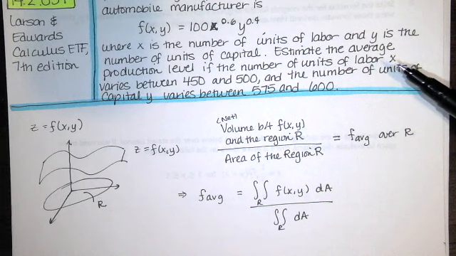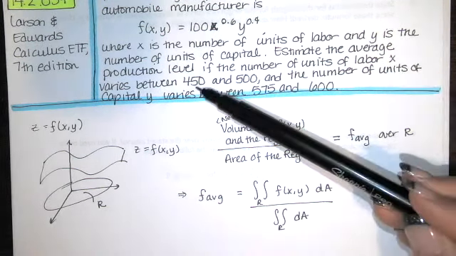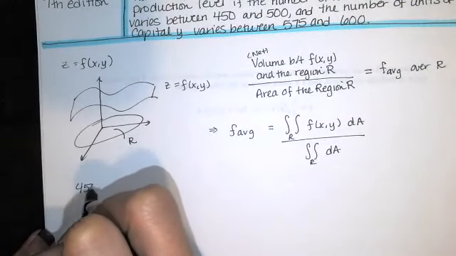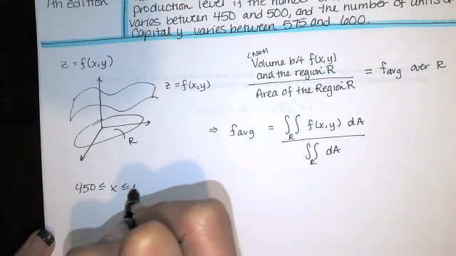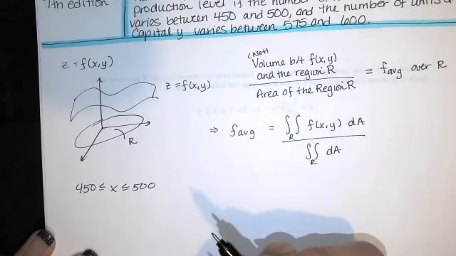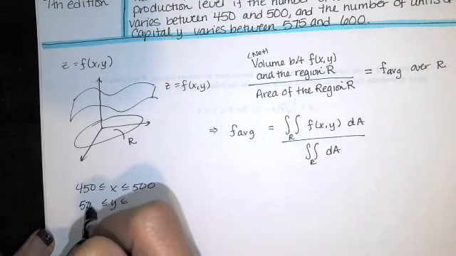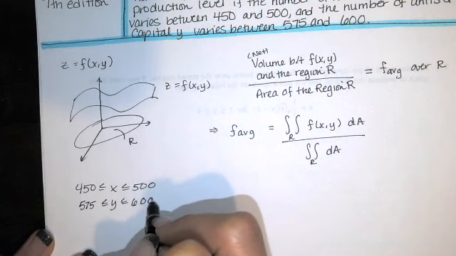And the region R is described by these bounds. We're told that the number of units of labor X varies between 450 and 500. And we know that the number of units of capital Y varies between 575 and 600.